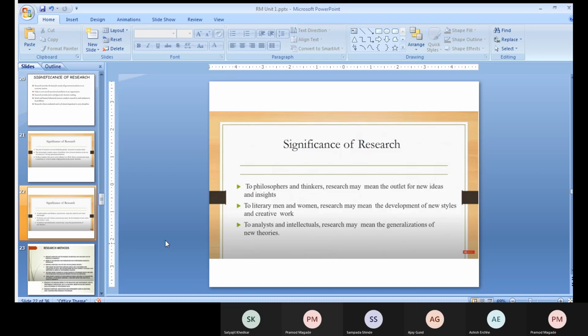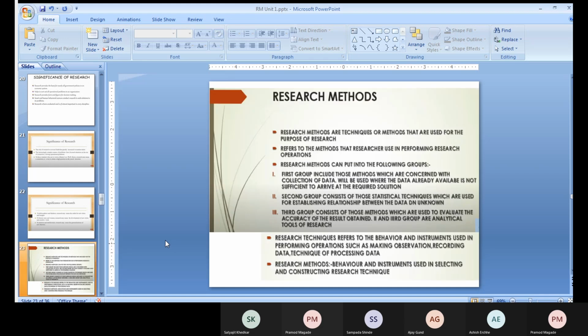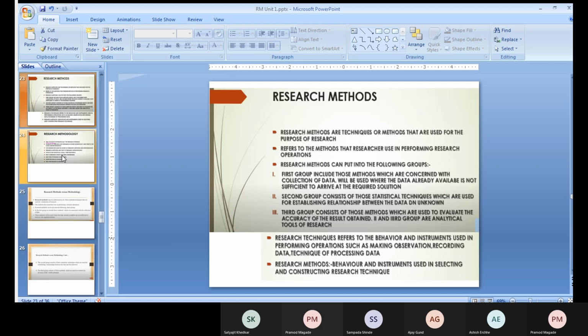Next point I'll tell you about is research methods. Now I'll tell you what research methods means. We have seen the types of research.